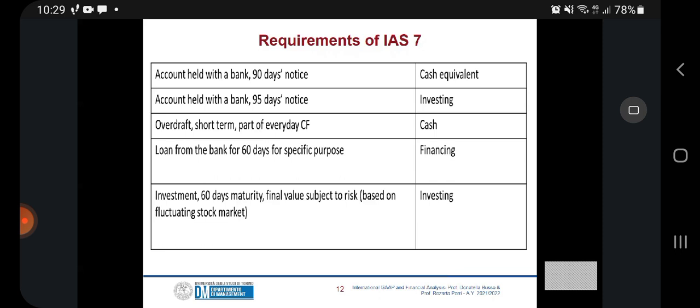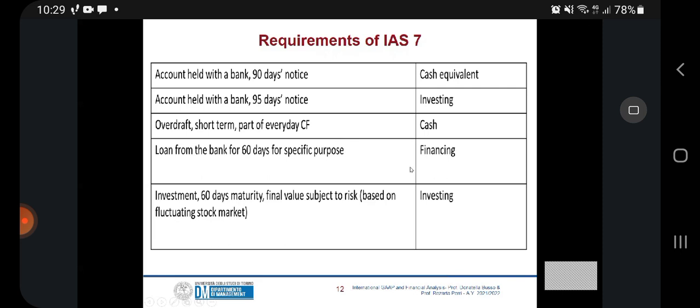Okay, and in this case, it is going to be part of cash. But if you have not an overdraft but a loan for 60 days, for example, for a specific purpose, that is also a short-term loan, but still it is a financing activity, it is not a cash account or cash transaction.